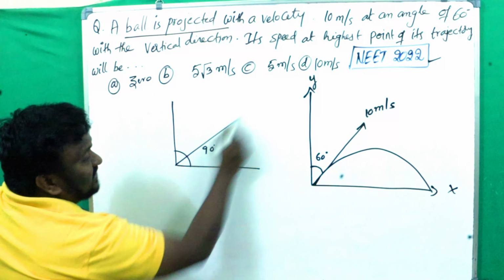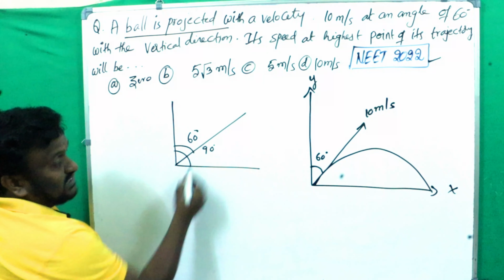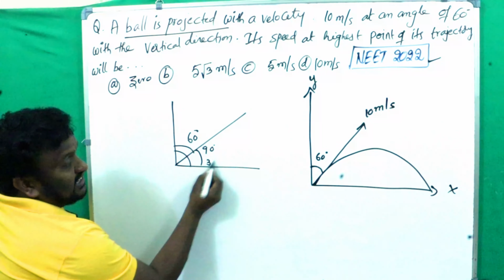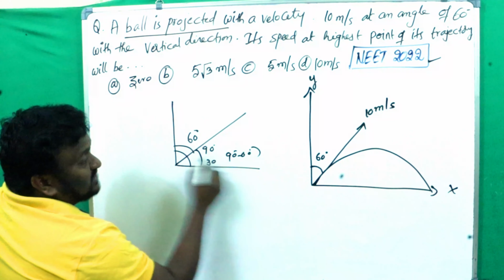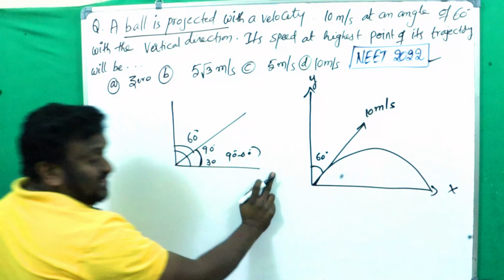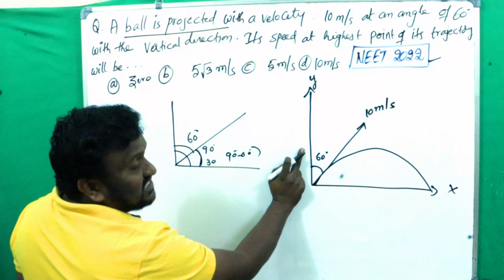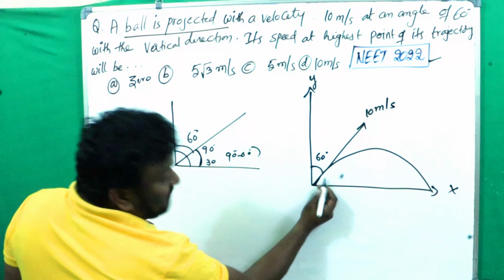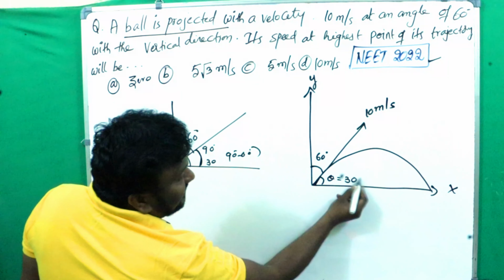If this one is 60 degrees, then the remaining portion is 30 degrees, that means 90 minus 60. In the given problem, the body makes 60 degrees with the vertical, so obviously with the horizontal the angle is 30 degrees.